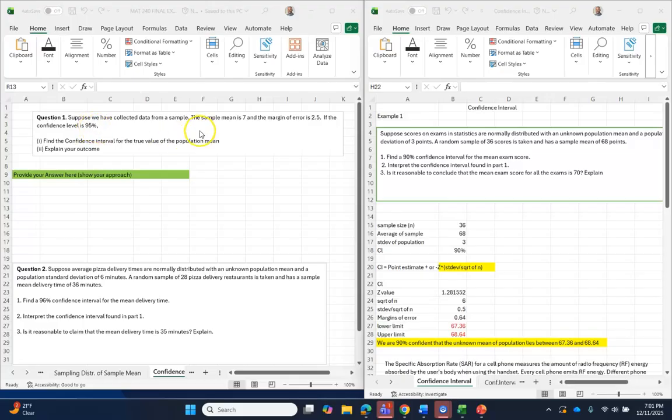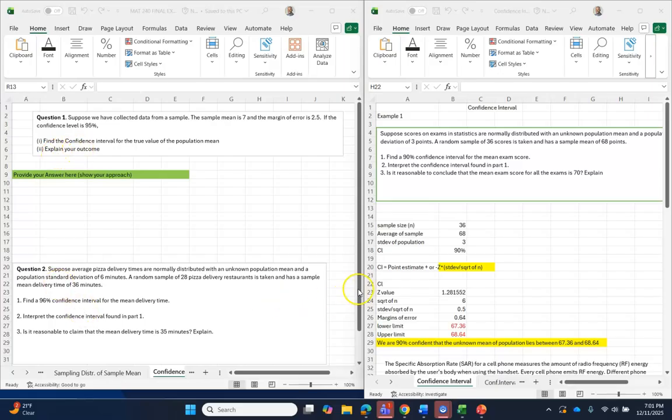So finding the confidence interval for the true value of the population, you should take the point estimate minus the margin of error to get the lower bound, and you can add to get the upper bound, and then your interpretation should be like what I just provided. That's what you have to explain.